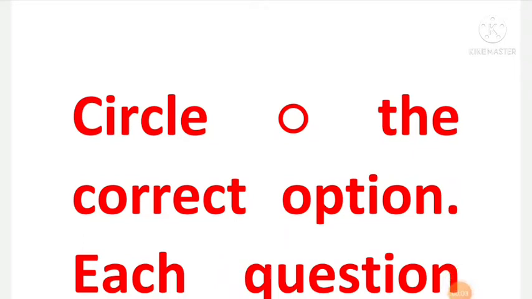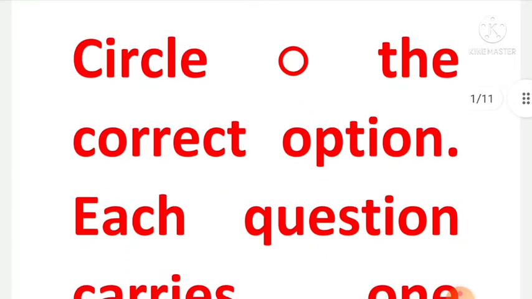Today I am going to discuss some basic questions related to metal. In the previous video, we discussed metals, and some questions related to metals have been given. They are of MCQ type.